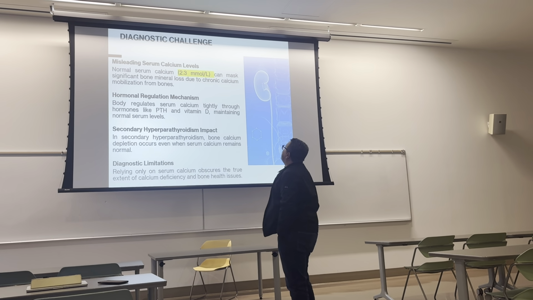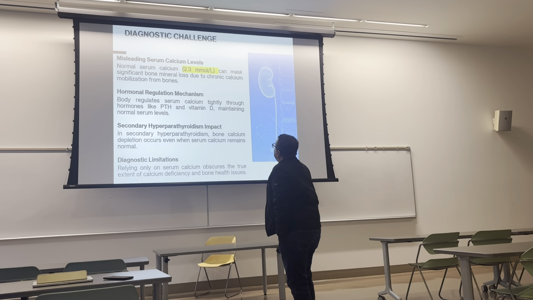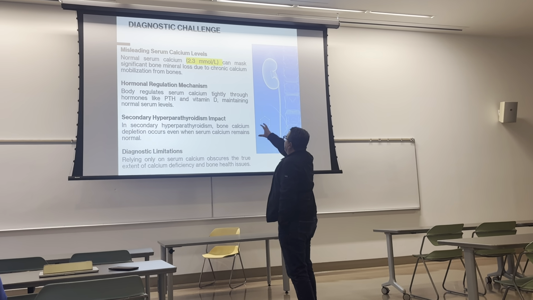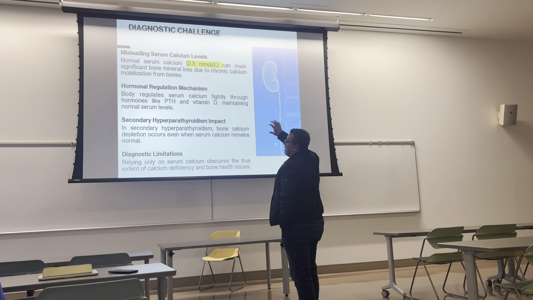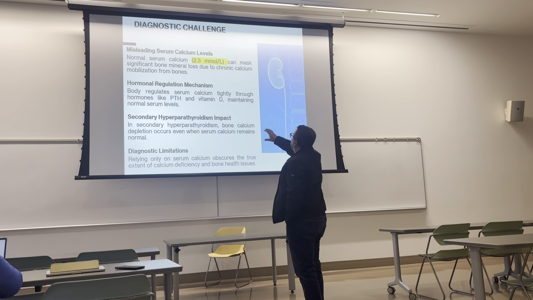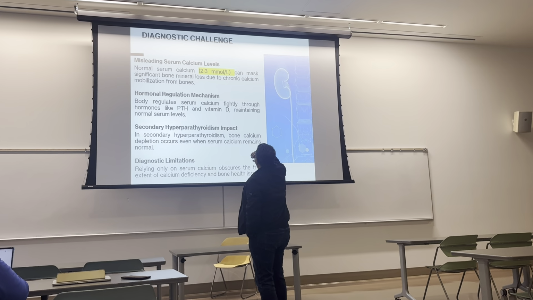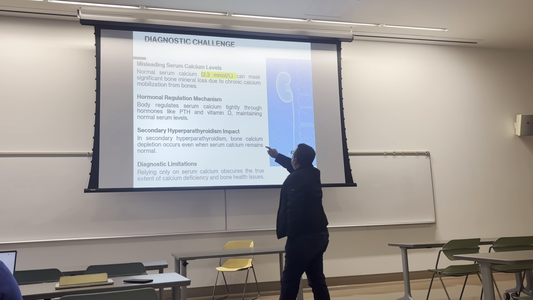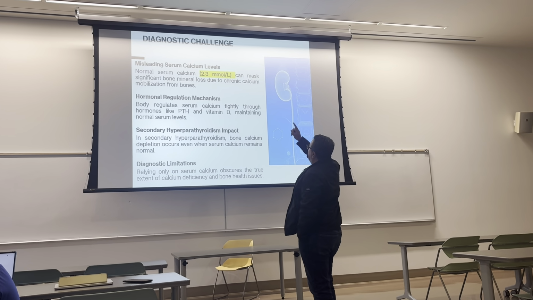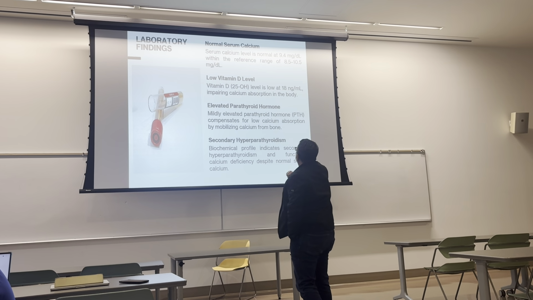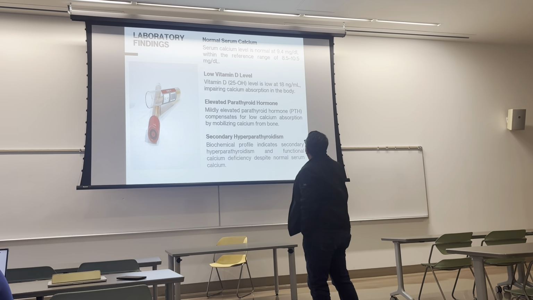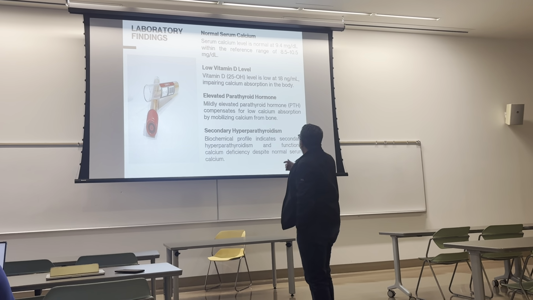How am I misleading serum calcium? It was something like 8.5, 9 something, which is in the middle. I think the range is 2 to 2.6. I cannot really remember the normal range in millimole.